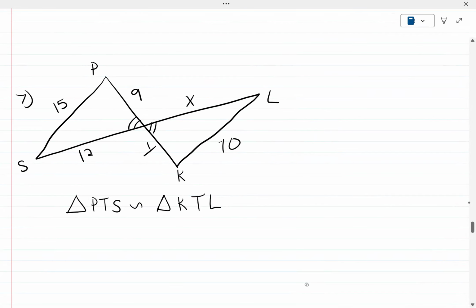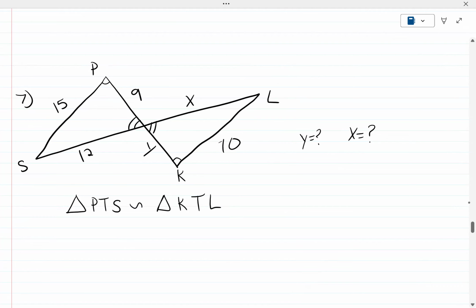What we have to do is find the side length Y and the side length X. They also said that angle P is congruent to angle K. How should we set it up?